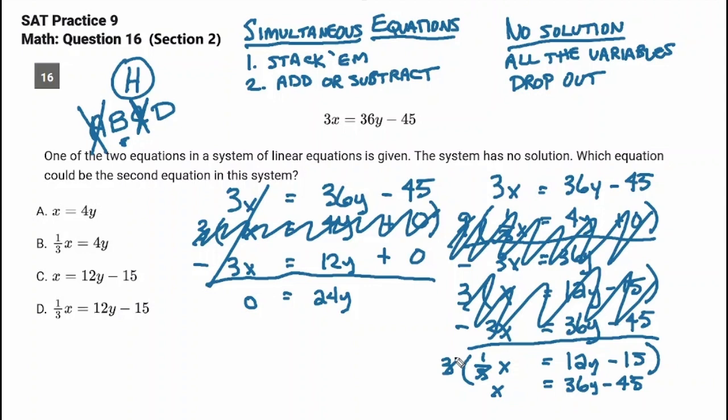All right, if I now subtract, 3x minus x is 2x. I get the y's to go away, but I didn't get the x's to go away. All the variables did not drop out. That one's gone. B and C are tricky. B is the answer because all the variables drop out and it's not the same equation. A lot of work, but you can get it right and move on.